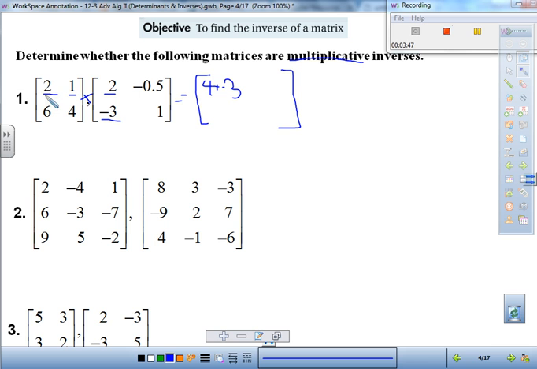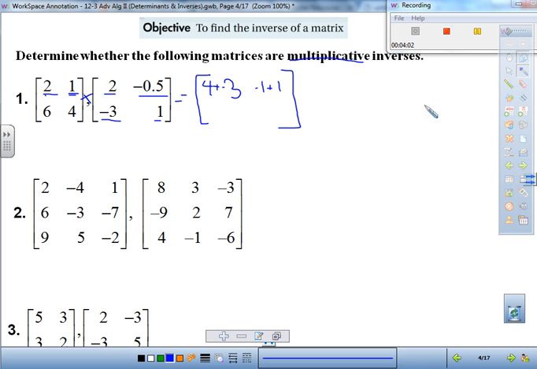Okay, moving on, we do 2 times negative 1, which is negative 2... no, 2 times negative 1, which is negative 1, plus 1 times 1, which is 1. So negative 1 plus 1.